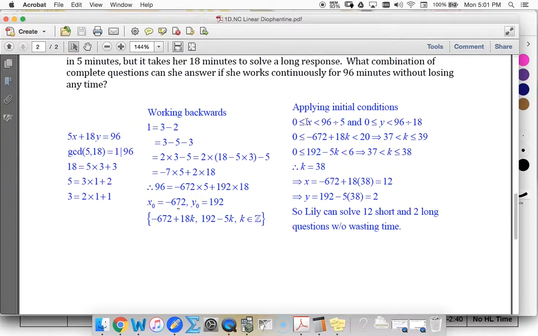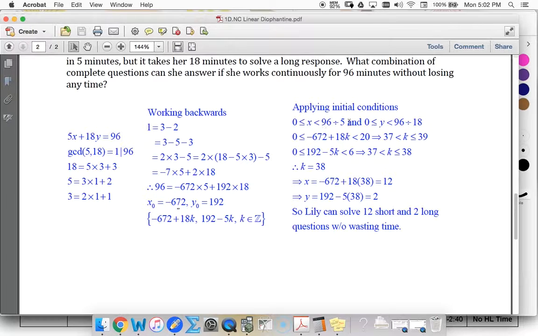So for my x number of questions, I have to end up with a value between 0 and 96 divided by 5. Again, my particular x was multiplying by 96 and then adding 18k, and here was my particular y value. We're going to try to find the integers that make the most sense.